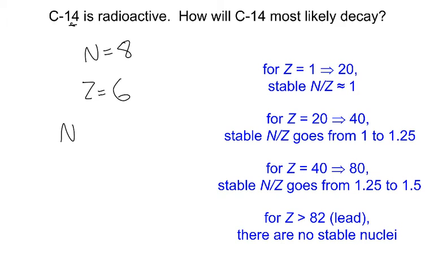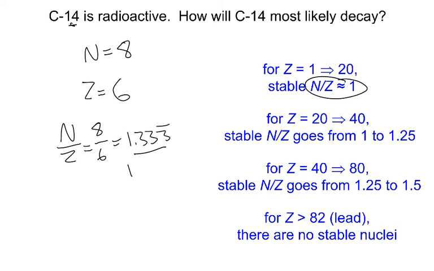When I calculate the N to Z ratio, I get 1.33333. Now I want to see which category carbon-14 falls into. Because the atomic number is 6, it falls into this category, and we're looking for an N to Z ratio of 1. Because this is bigger than 1, the N to Z ratio is too big, and our prediction is that this is going to go by beta decay.